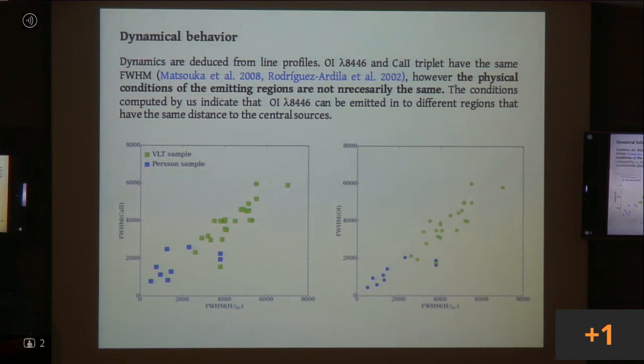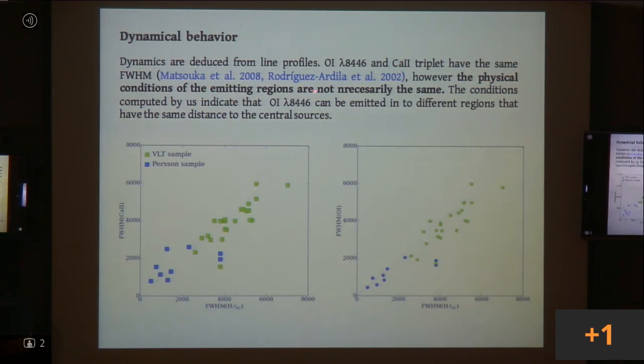With our sample, we find that the dynamics of the region that emits the O1 line is the same, that is the full width at half maximum is the same, although the physical conditions may not be necessarily the same.